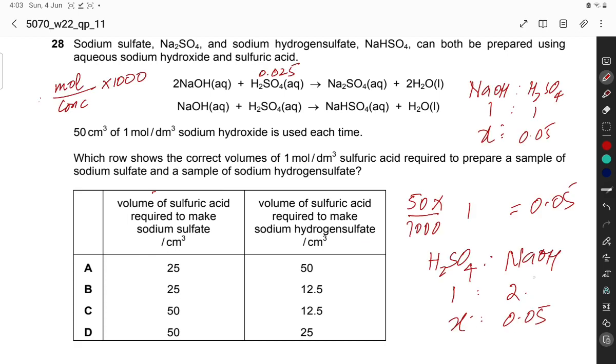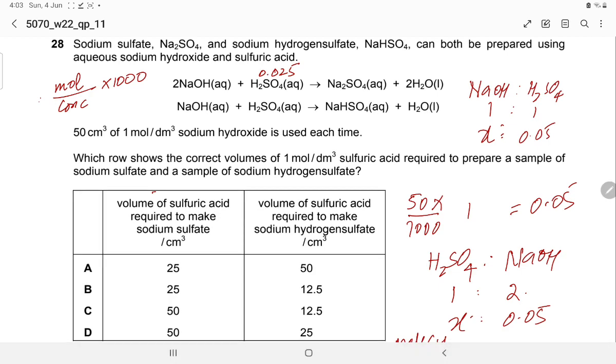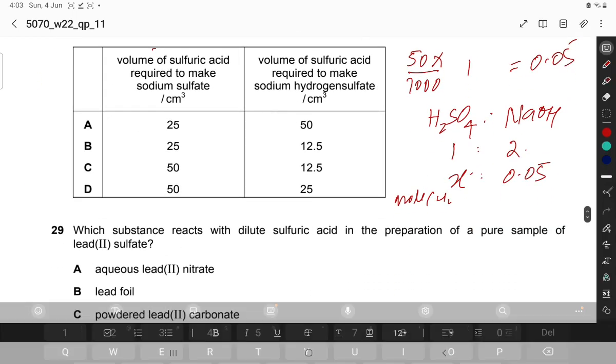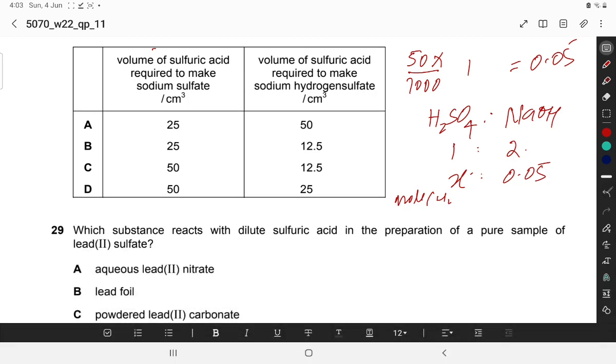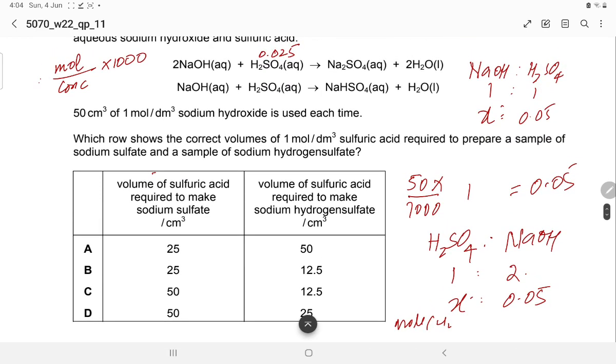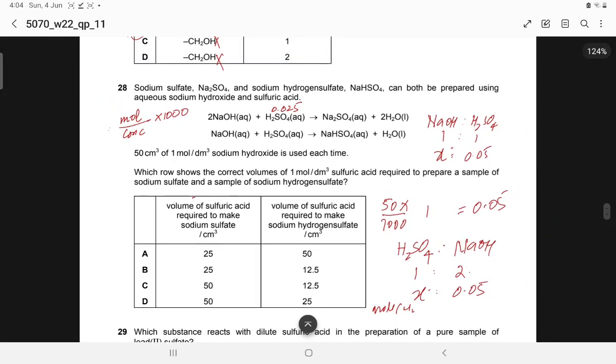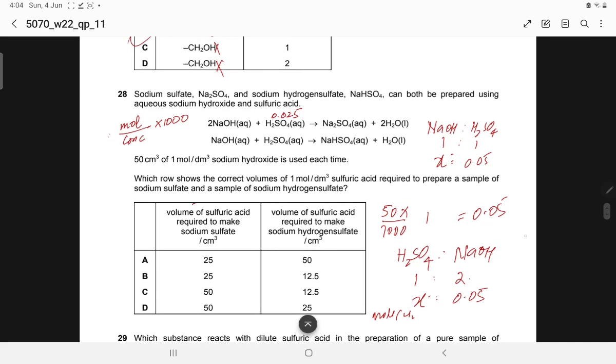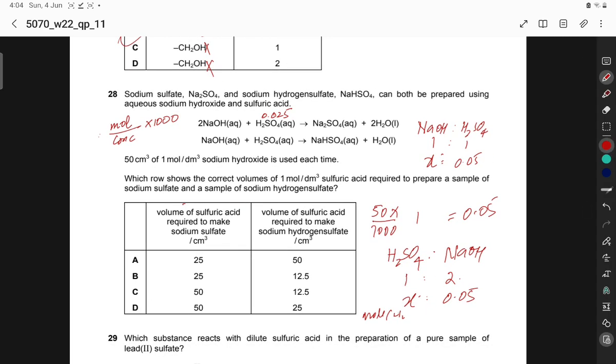So this is 0.05 moles, and now the mole of H2SO4 is 0.025.